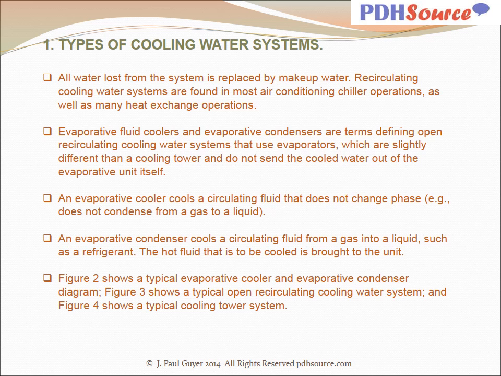An evaporative condenser cools a circulating fluid from a gas into a liquid, such as a refrigerant. The hot fluid that is to be cooled is brought to the unit. Figure 2 shows a typical evaporative cooler and evaporative condenser diagram. Figure 3 shows a typical open recirculating cooling water system, and Figure 4 shows a typical cooling tower system.